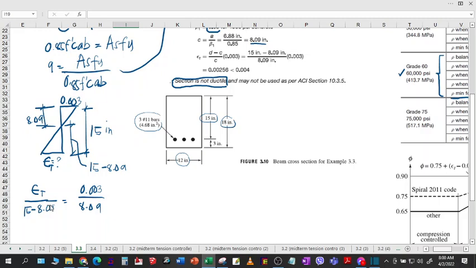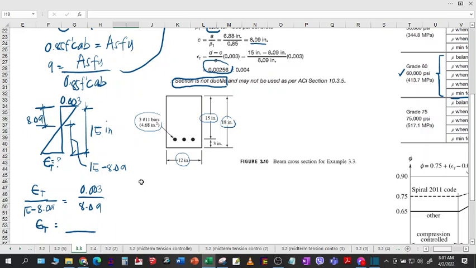One equation, one unknown, we can solve for the strain in steel, epsilon t. This has the value of 0.00256, and this one is lesser than 0.004. So therefore, this is clearly compression controlled.